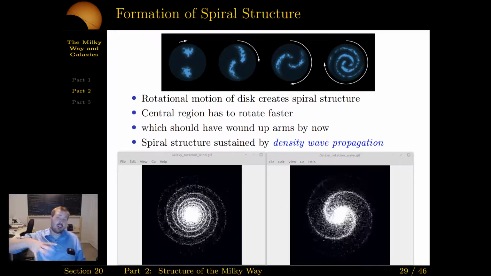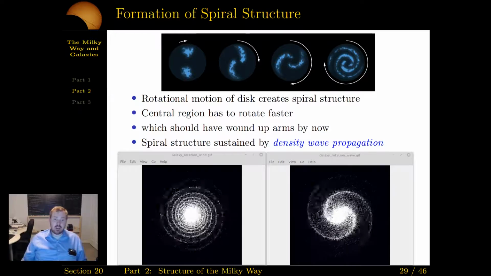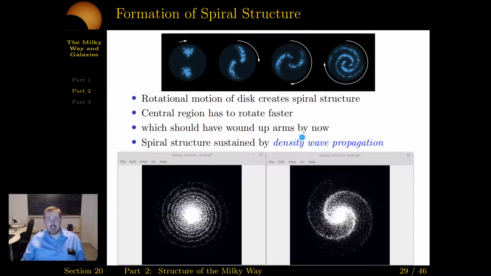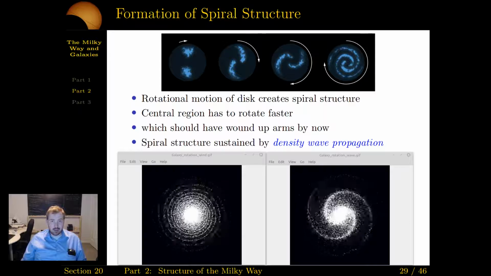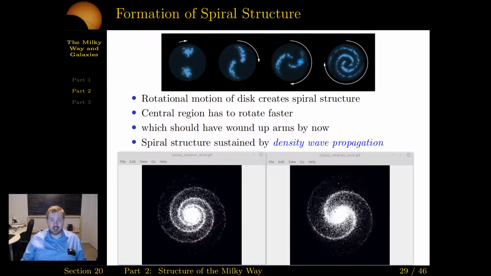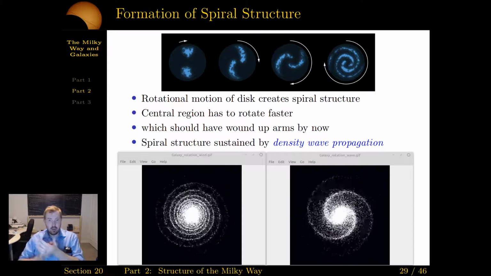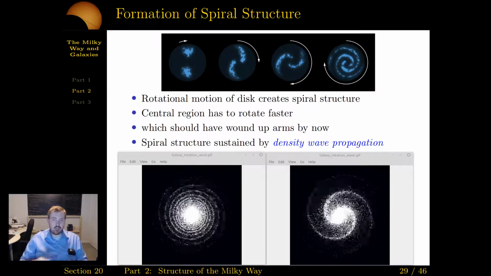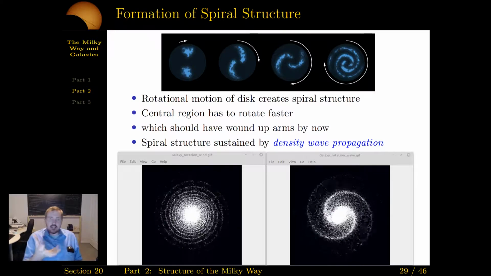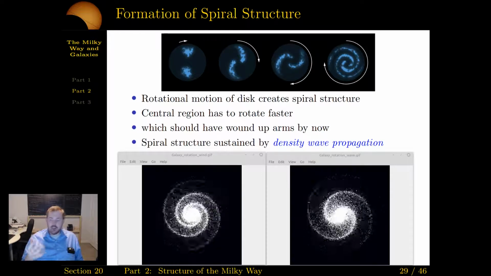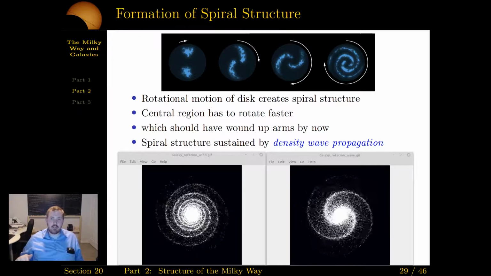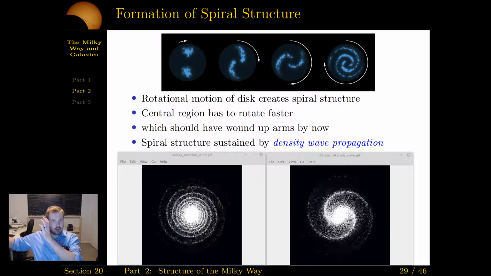So one way to try and explain that is we've come up with this idea that's called density wave propagation, where basically this higher pocket of density here allows for a wave to travel through. It's similar to sending a sound wave through the cup on a string, all right?